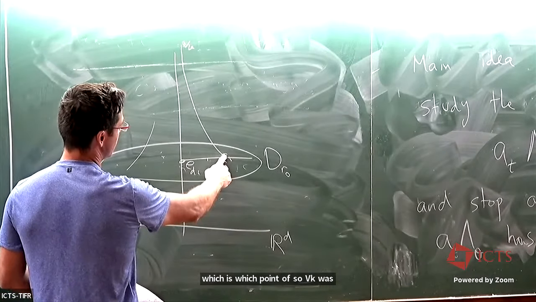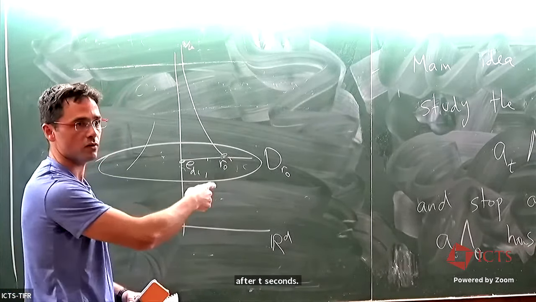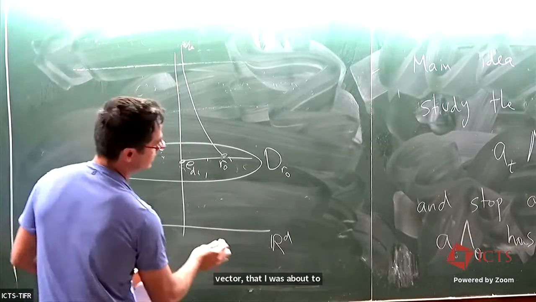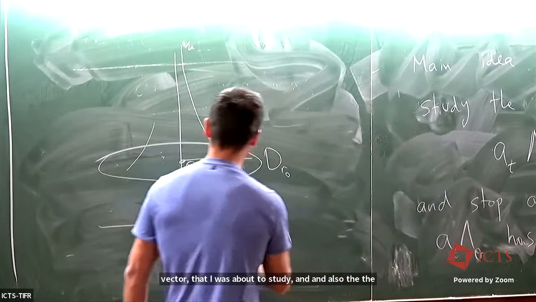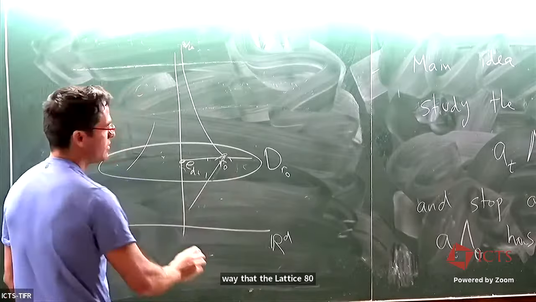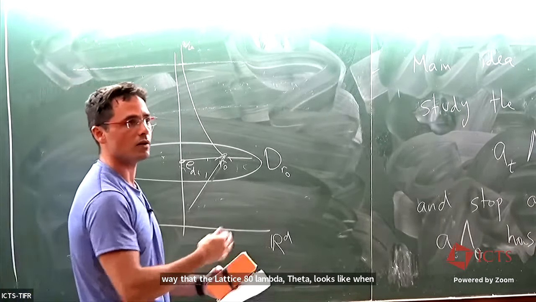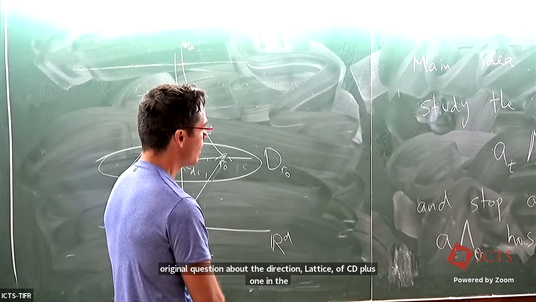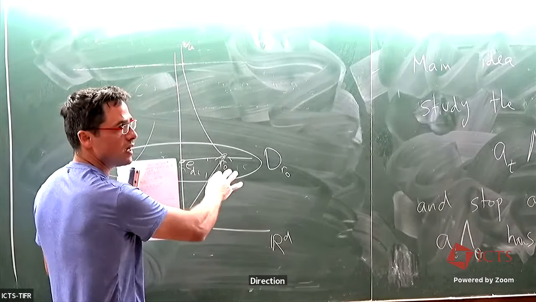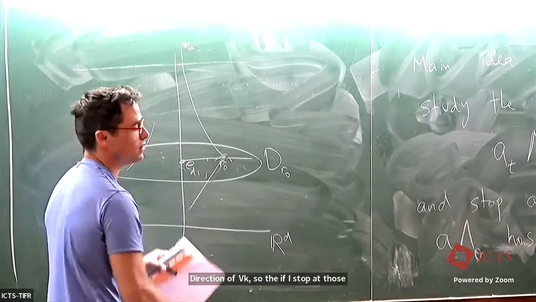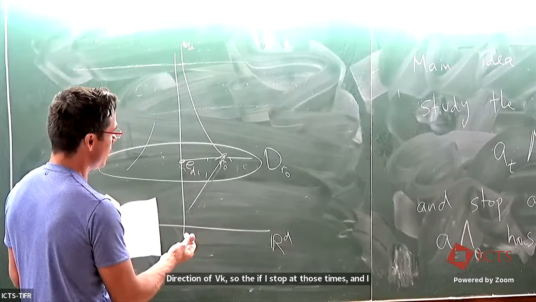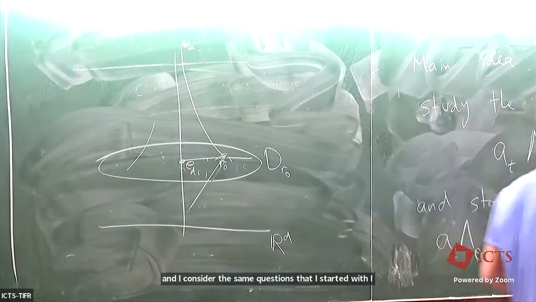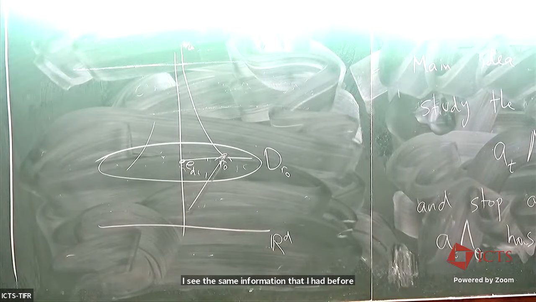This is exactly the displacement vector that I was about to study, and also the way that the lattice a_t Λ_θ looks when you look in that direction is the same as your original question about the directional lattice of Z^{d+1} in the direction of v_k. So if I stop at those times and I consider the same questions that I started with, I see the same information that I had before. Okay, so that's the idea.